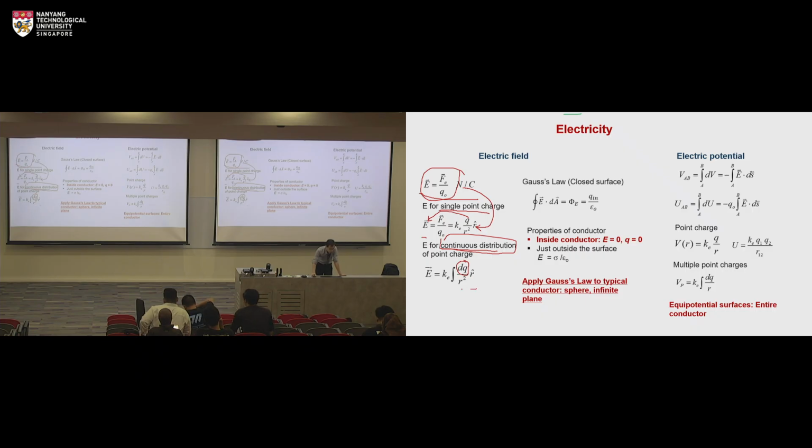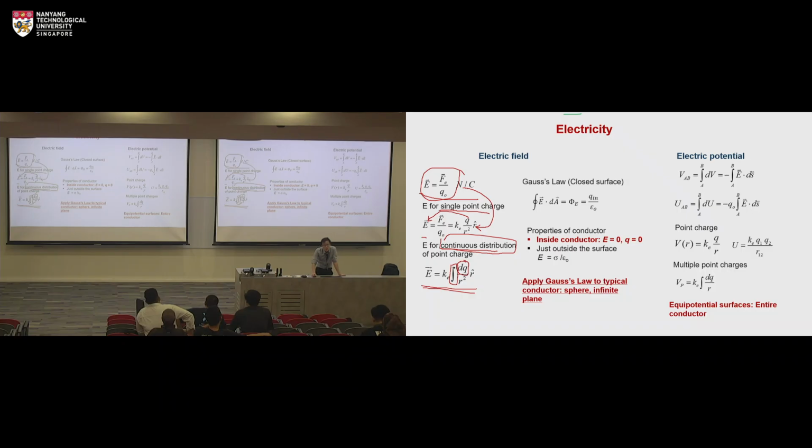And start from here, apply this formula only for dq. And the next step is to do the integration along this entire charge distribution. And in that way, what you get is this total E due to this entire charge distribution. So this is one way to get E based on Q.